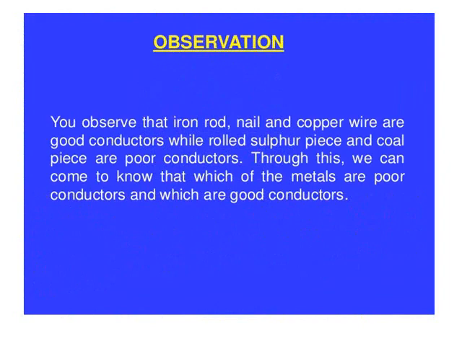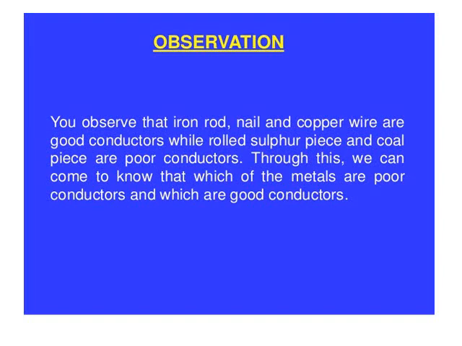This slide gives you the observation of the previous activity which you have done. So when you connect the iron nail, copper rod or aluminum rod, the bulb glows, indicating that they are good conductors of electricity. And so we generally say metals are good conductors of electricity.